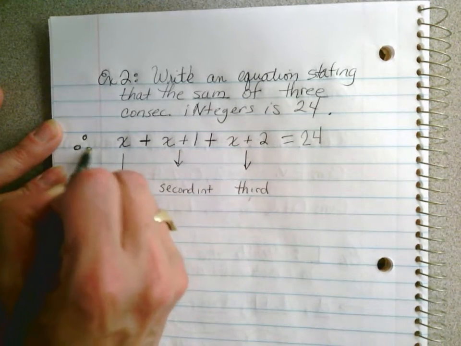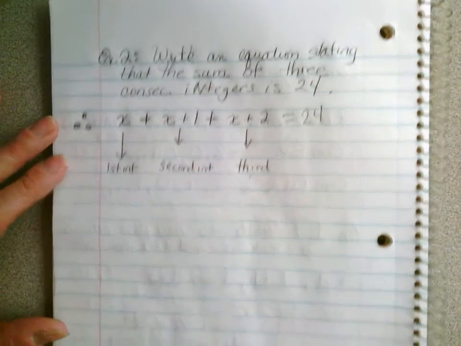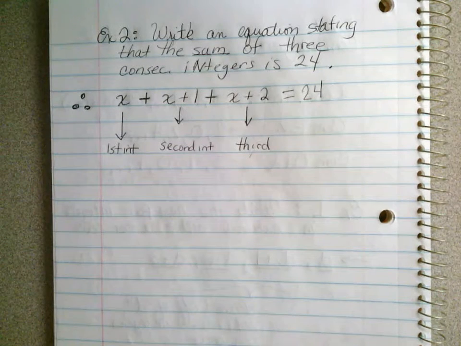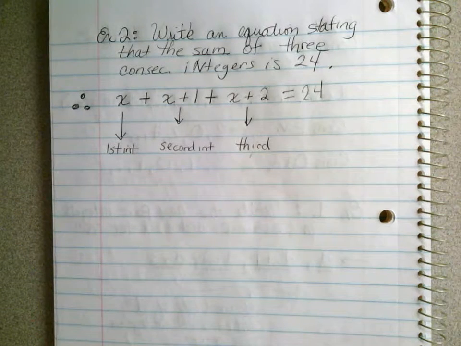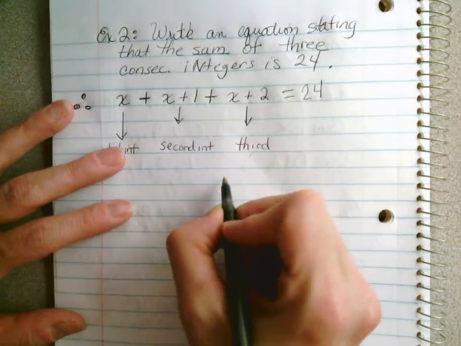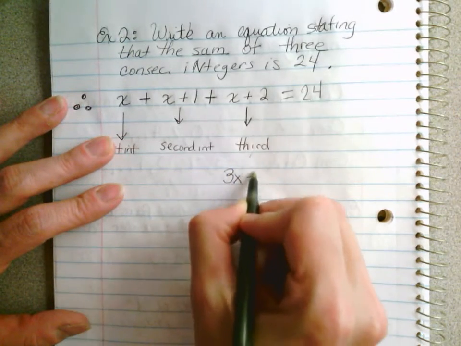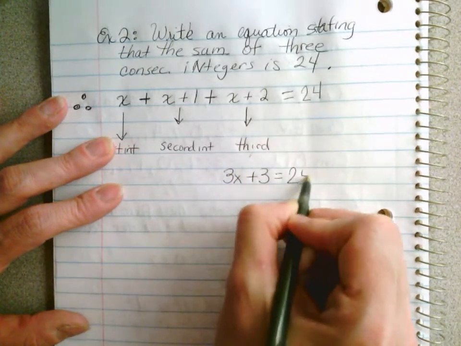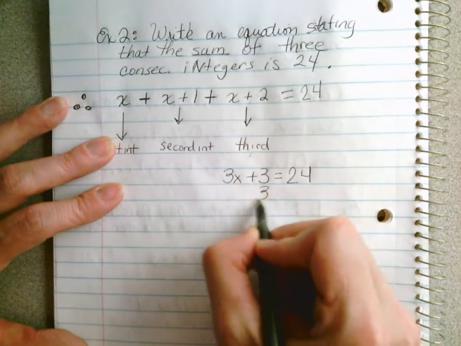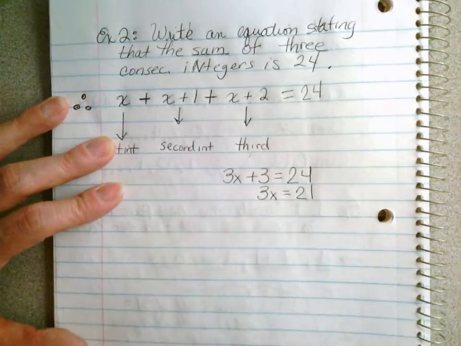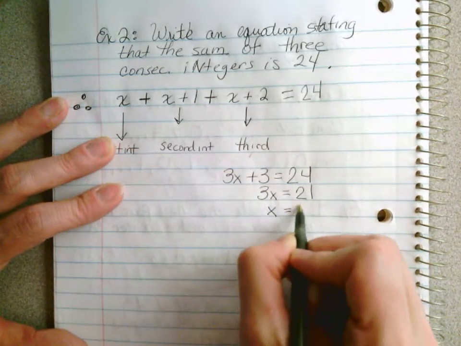There's your equation. You could solve it too if you wanted. Combine your x's, combine your numbers, and solve. You could do that. We can do that real quick, as a matter of fact. Combine our x's. Yep. Subtract 3. Divide by 3.